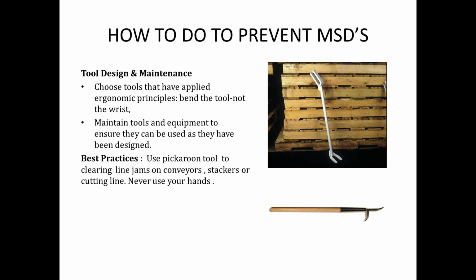And what I emphasize to all workers is that they would never use their hands, and the reason for that, just from an ergonomics perspective, is that when you're clearing a line jam, if you use your hands, usually when you free the jam, the pallet is then pulled free by the force behind it, whether it's a set of drive chain or rollers, and that pulling action can cause significant strain on the back and the shoulder.